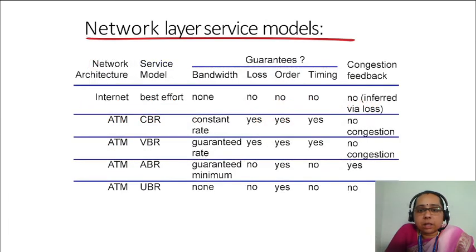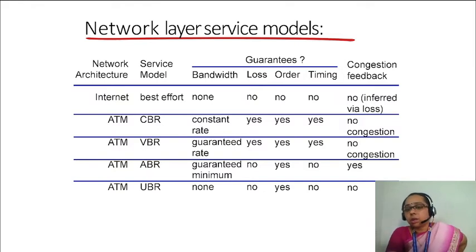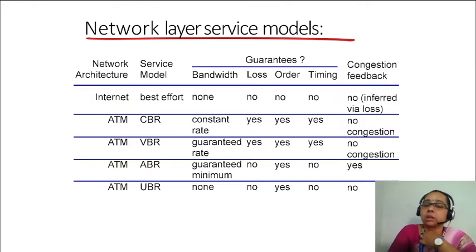Now the network layer service models. In this table they have shown the network architectures: Internet and ATM. The service models are best effort, CBR, VBR, ABR and UBR. The bandwidth varies based on what type of network we are using, whether it is guaranteed or not.